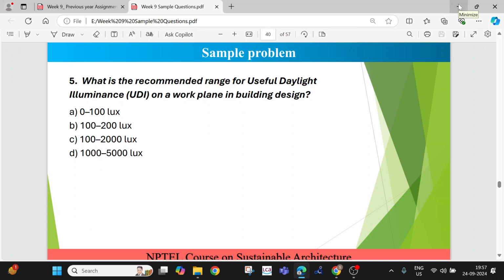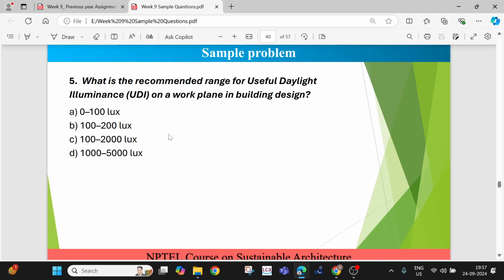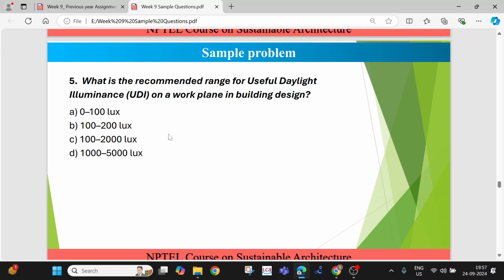So it will be UDI. And it is written in which slide? Slide number? Let me check. You can check it and inform the slide number and lecture number to others also. Lecture number is 44. Yeah, it will be in 44.